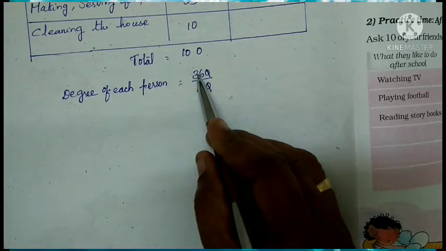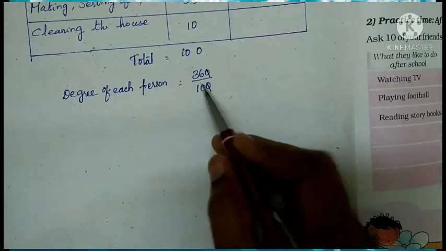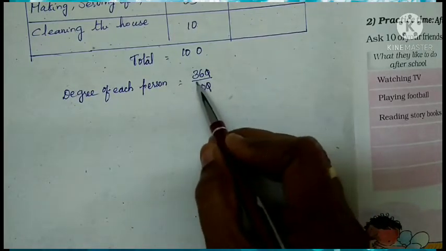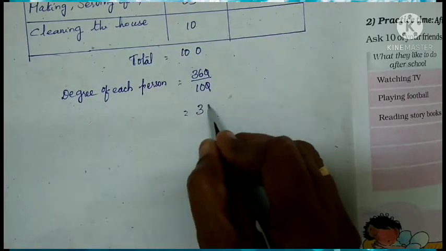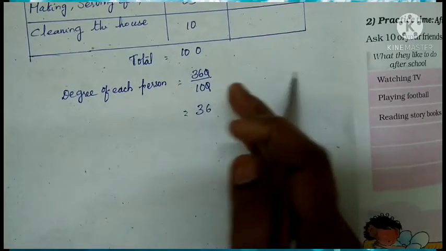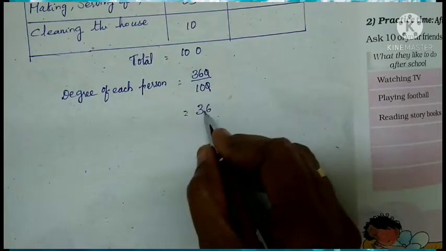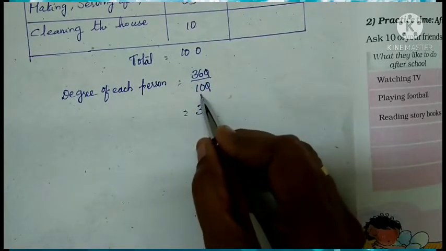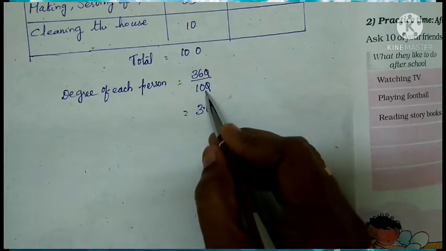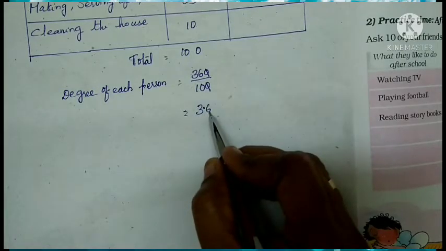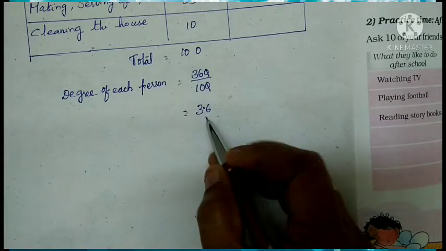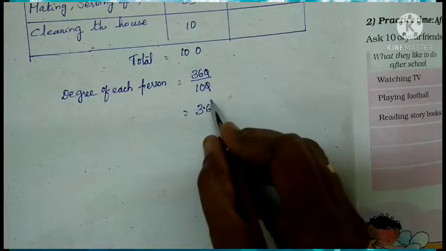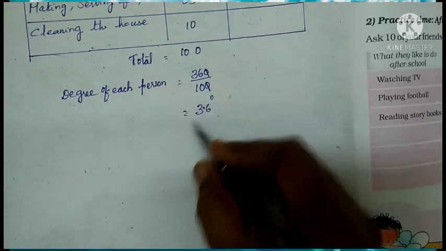That is the rule we study in the tens and hundreds section. For division by 10, we write the number first and, from right to left, put the decimal point one place in. Only one zero is there, so we put the decimal point one place before. So here one person's degree is 3.6.